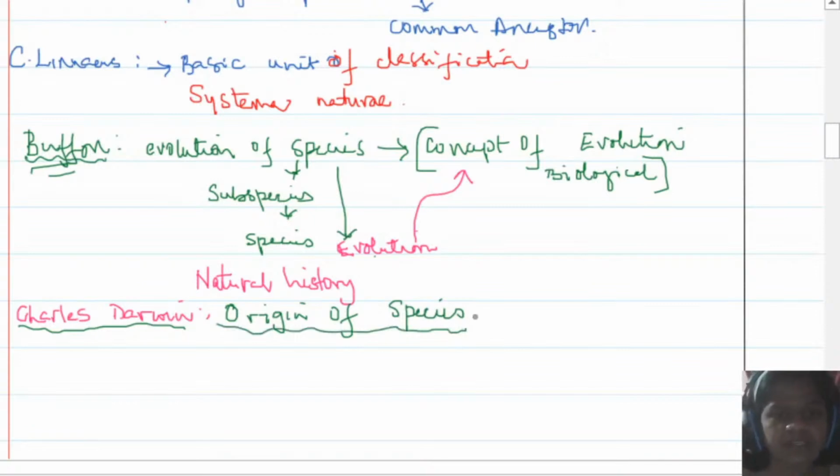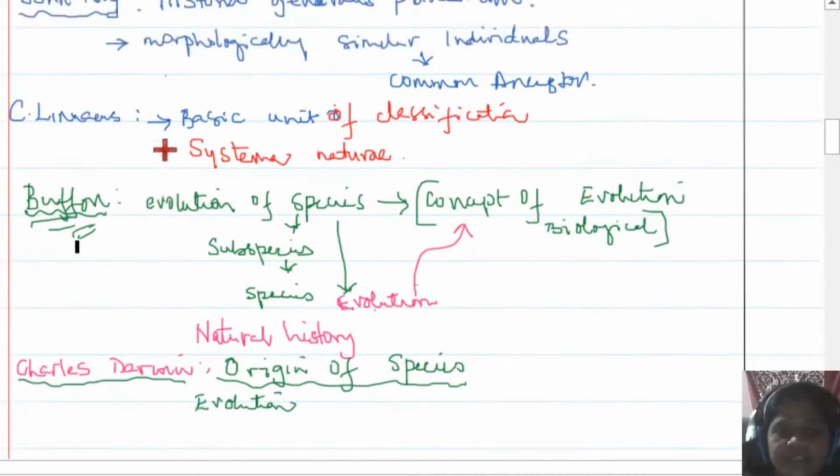Although this was not the first idea that came out, there was another scientist also who came up with the same thing. But that is digressing. So we're gonna stick to the points here. So he came up with Origin of Species, and the evolution of species became very popular because of Buffon. So these are the four scientists that you need to remember.